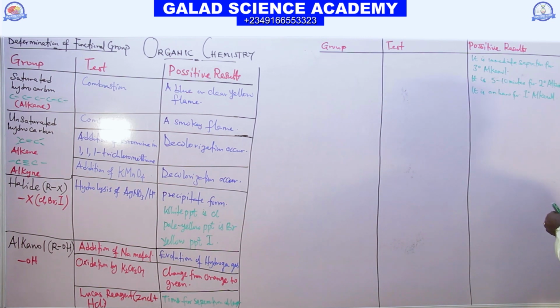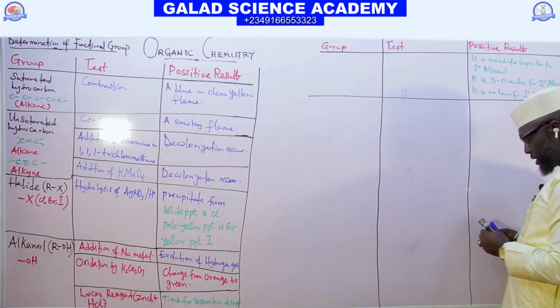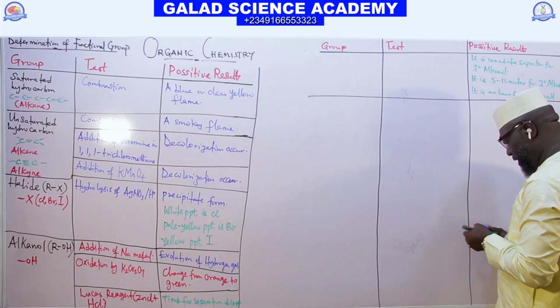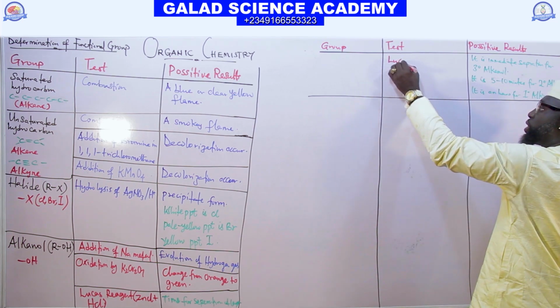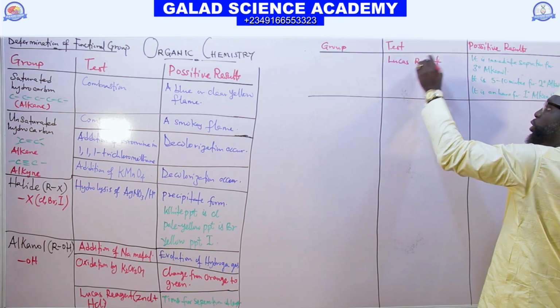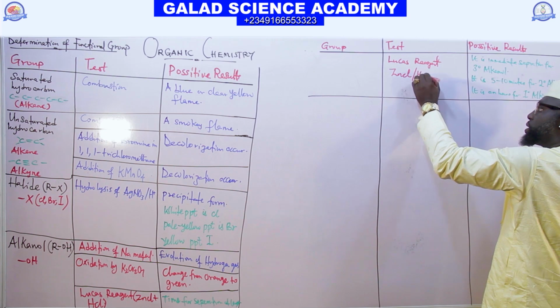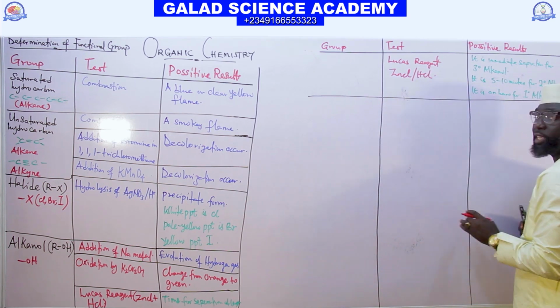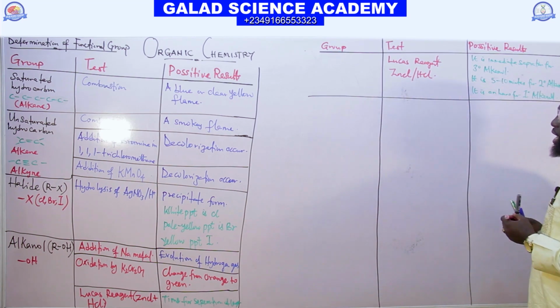We are still on the Lucas reagent. The reagent we use here is Lucas reagent, which is a combination of zinc chloride and HCl, used to differentiate between primary, secondary, and tertiary alkanol.